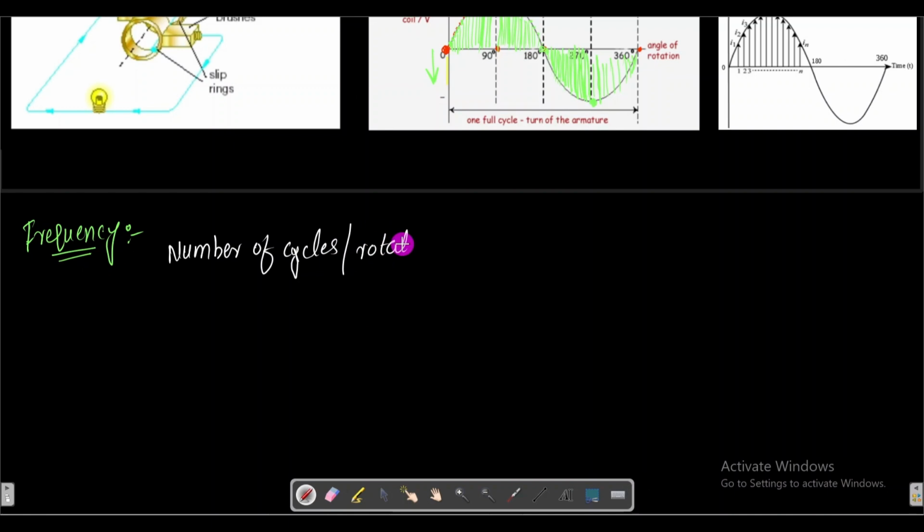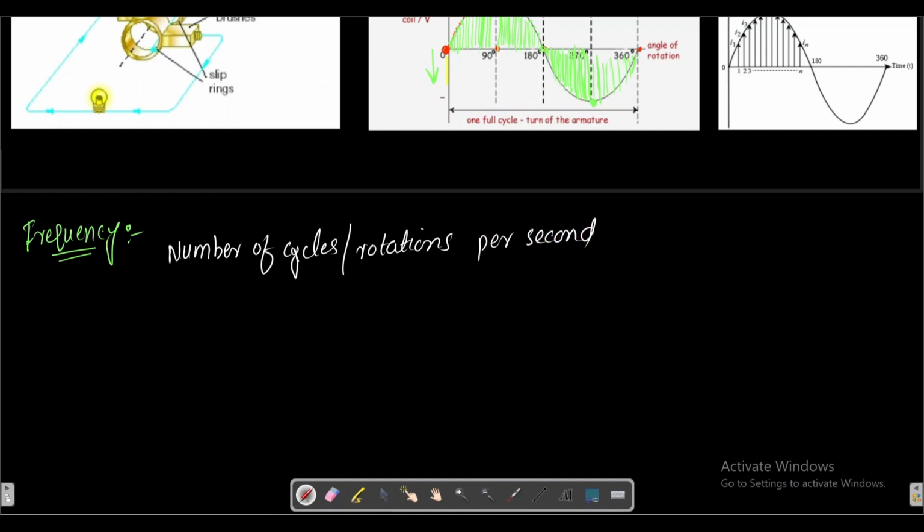So frequency is the number of cycles, or number of rotations, per second.